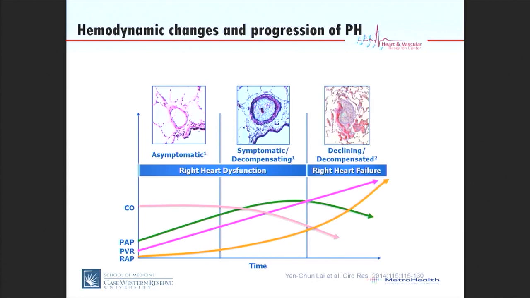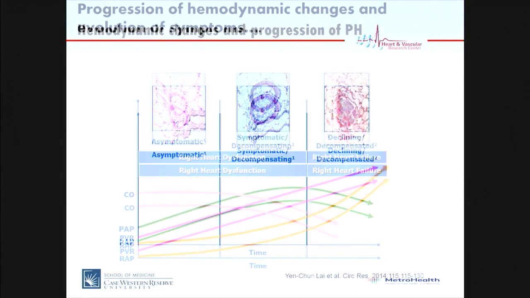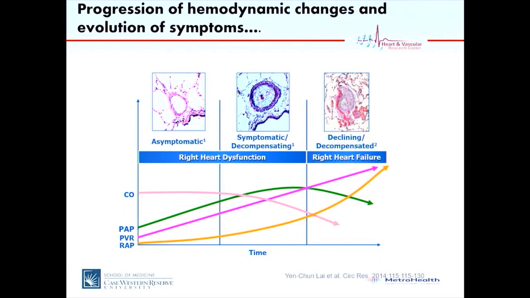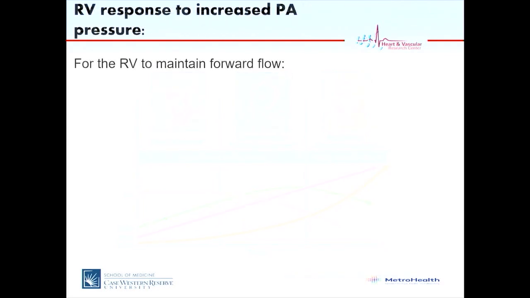Now, once we get to the point when the right ventricle starts to fail, the perfusion drops and the congestion increases, and the patient will present with right ventricular dysfunction, fatigue, dyspnea, and edema. And when we get to a point where the right ventricle has completely given up, the pressure can falsely drop, and now we are dealing with end-stage RV failure, and there's not much that halting the pulmonary vascular remodeling is going to do at this point.